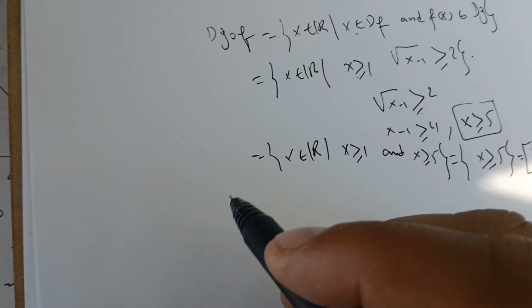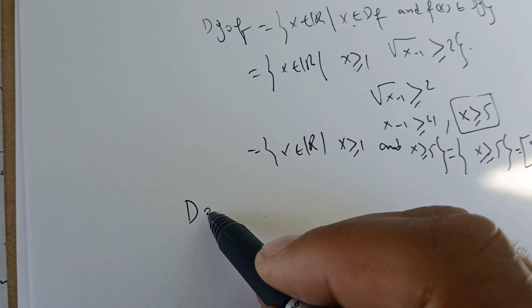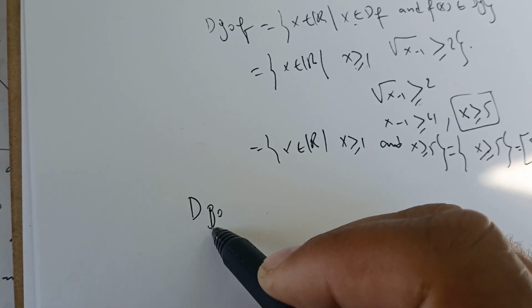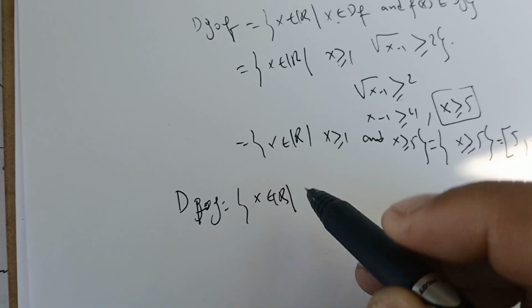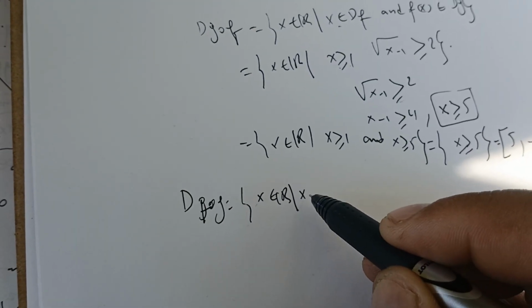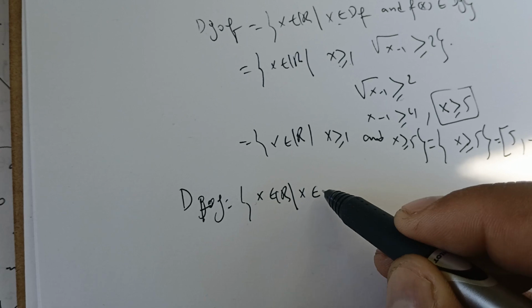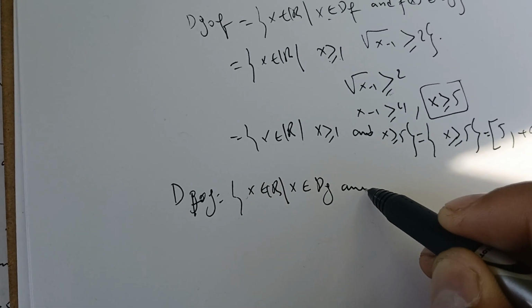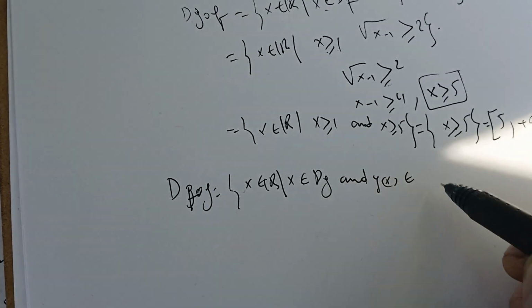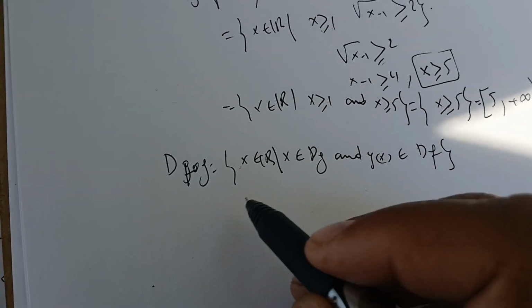For the other function, f circle g, it's those values in R such that x is in the domain of g and g of x is in the domain of f.